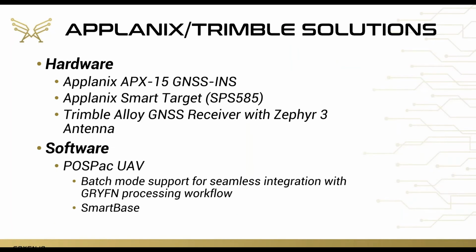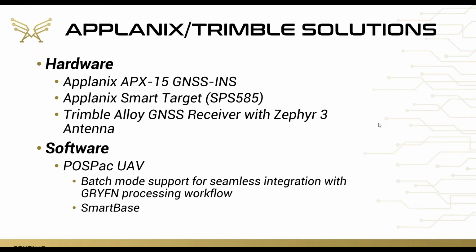So just to highlight some of the ways we're using the Applanix and Trimble solutions, I mentioned on our hardware side, we really like the APX15 for its GNSS inertial technology to give us that accurate trajectory that we need to do the direct georeferencing. We also have the Smart Target that Brad mentioned, which uses an SPS 585 receiver. We also have a Trimble Alloy GNSS receiver that we'd like to use when we want really high quality base station data.